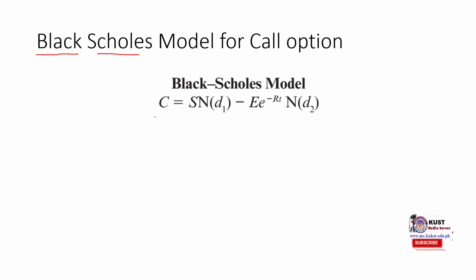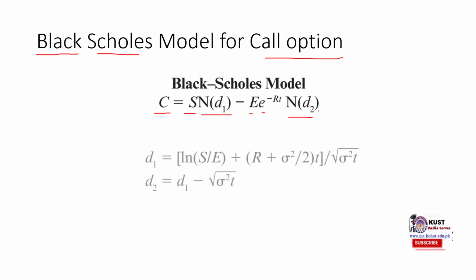And this is how the model looked like. We have two equations, one for the premium of the call option and the second for the premium of the put option. So the call option premium is equal to S, which is spot price, times N(d1). We are going to understand what N(d1) means, minus the exercise price times e raised to the power minus rT times N(d2).